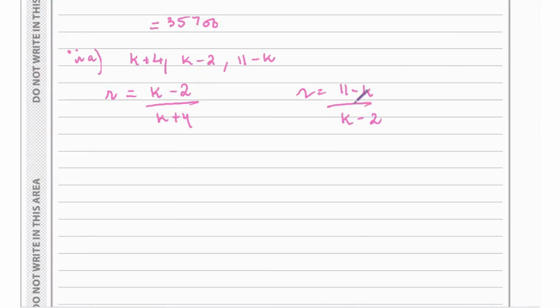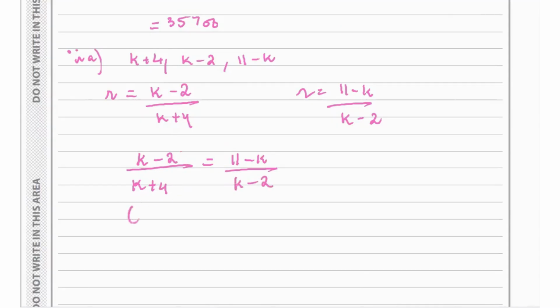So both represent the same thing, which is the common ratio. So k minus 2 over k plus 4 is the same as 11 minus k over k minus 2.